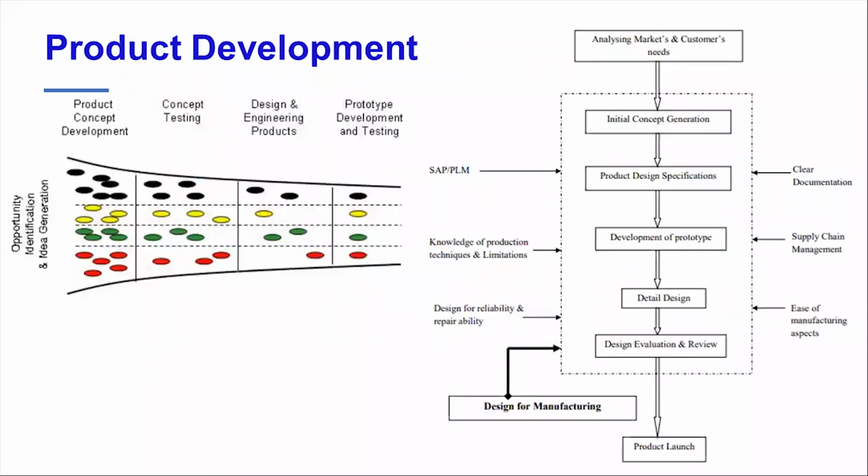Here is one more level of detail. As you see on the right hand side, you have to understand the market's or customer's needs. Let's say we took the example of our fuel tank and the pump inside it. The customer says, I want this fuel tank of capacity, let's say, 500 liters.